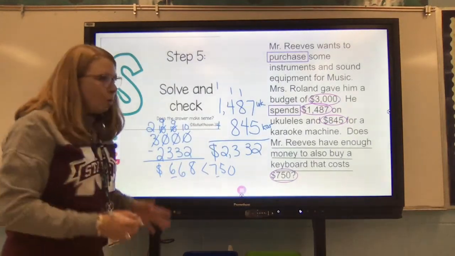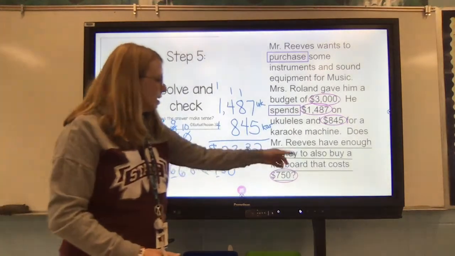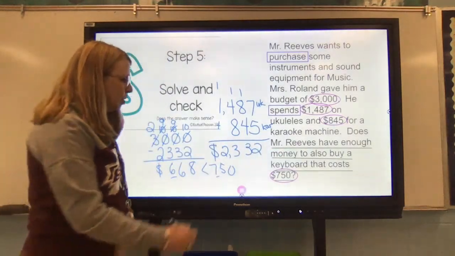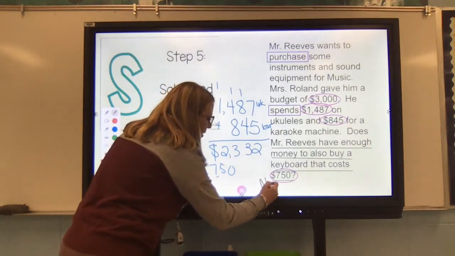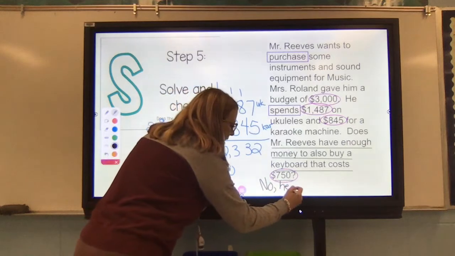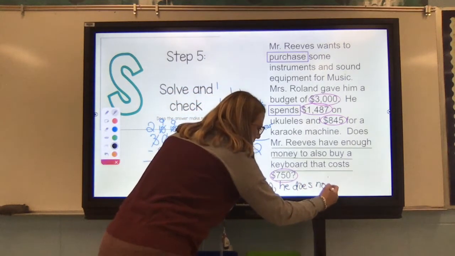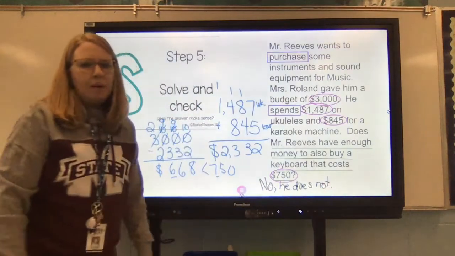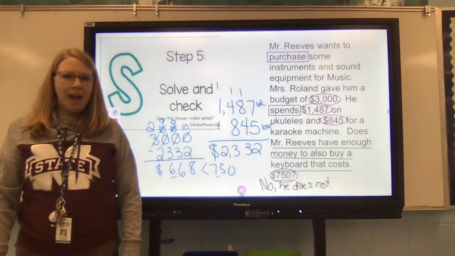I want to always see a sentence that tells me the answer. So does he have enough to buy the keyboard that costs $750? I could just very simply write, no, he does not. And again, you can make that sentence your own, but I always want to make sure that you answer the question that is being asked.